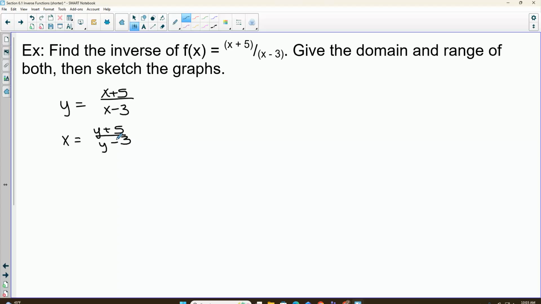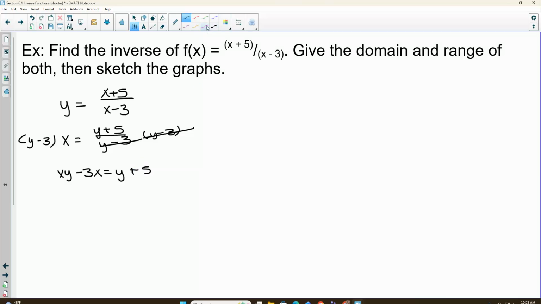All right. Now what? Good. So if we distribute, we get xy minus 3x equals y plus 5.